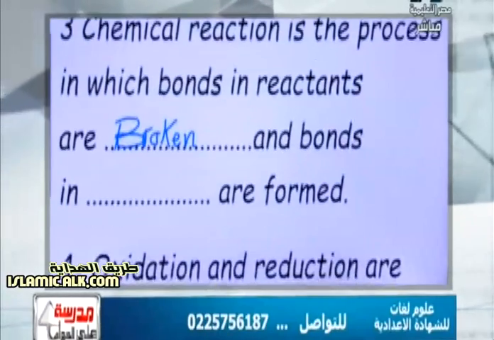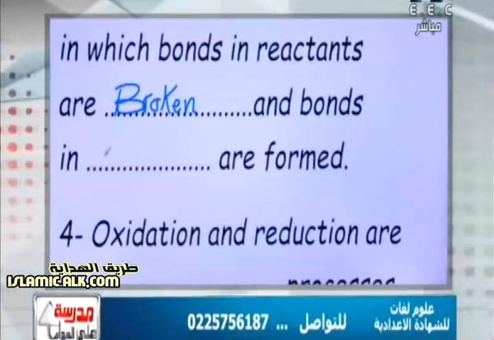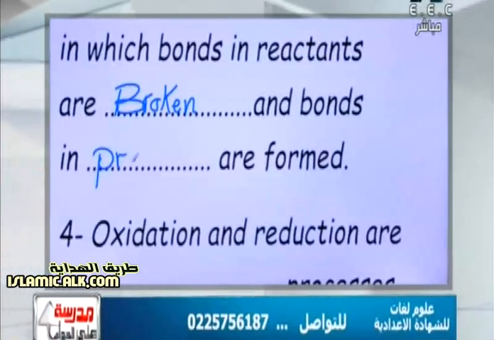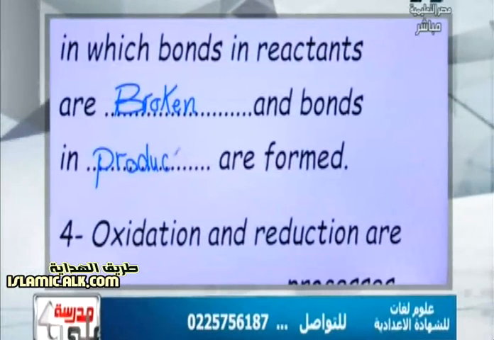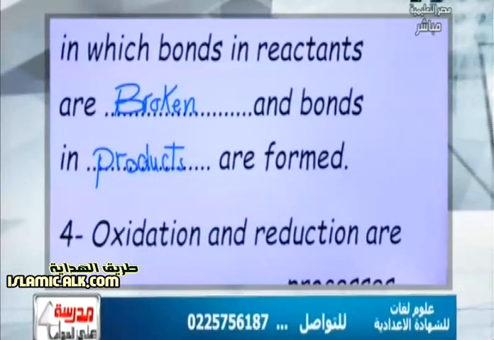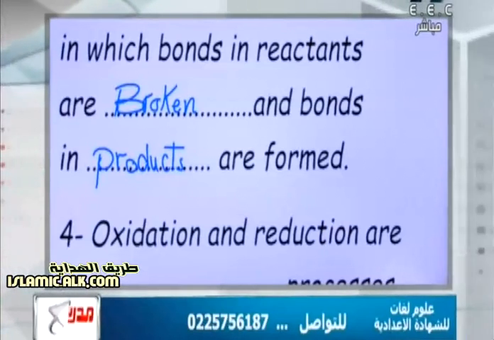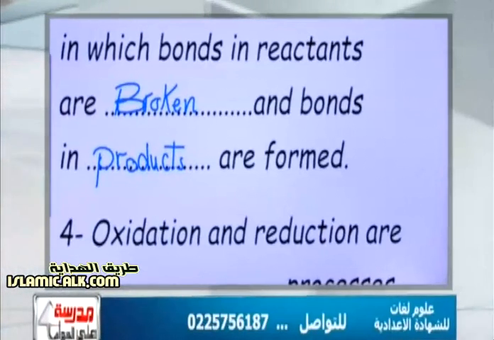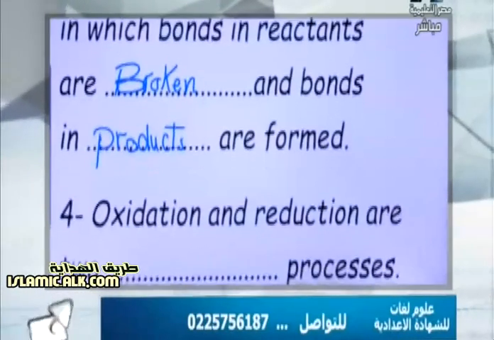We have the other side, are formed. I will say the bonds in products, or resultants, are formed. So, in which bonds in reactants are broken and bonds in products are formed.